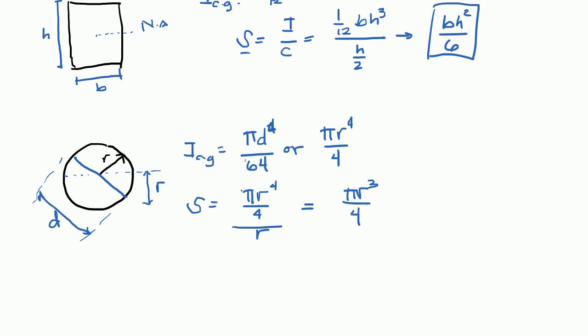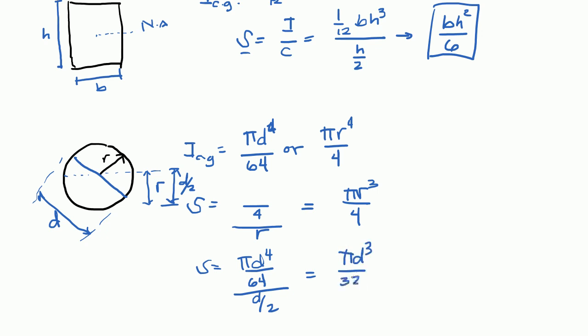Now, in terms of the diameter naman, the section modulus is pi d raised to 4 over 64, divided by, in terms of d tayo, so r is, siyempre, itong maximum distance na to, d over 2 yan. So, divided by d over 2, we have pi d cubed over 32. So, for circles, ganyan siya.